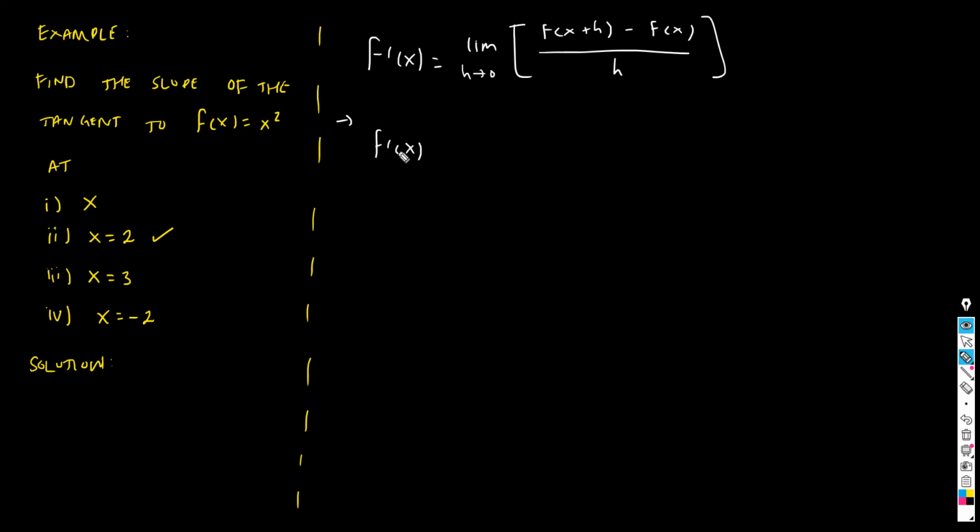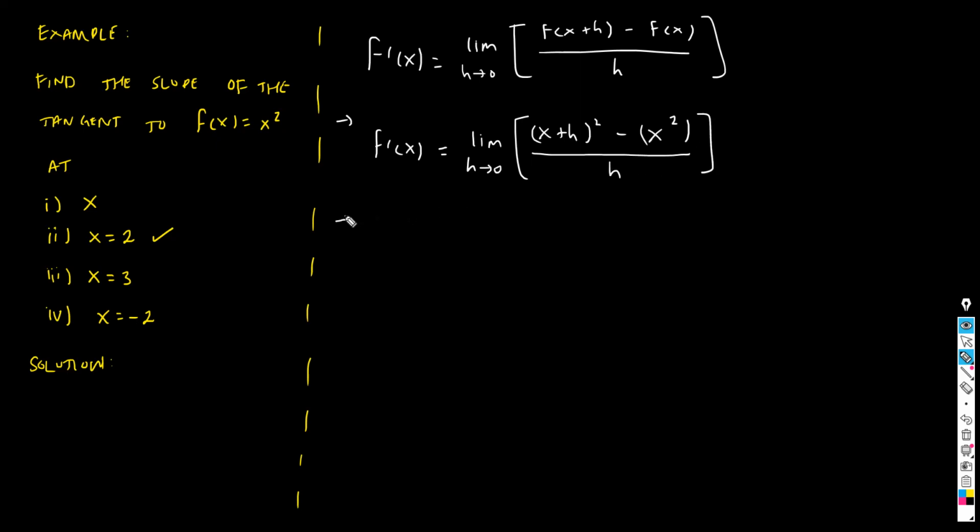f prime of x is equal to the limit as h approaches 0 of f of x plus h. If f of x is equal to x squared, then f of x plus h will clearly be x plus h to the square, minus f of x. What is f of x? It is equal to x squared, over h.